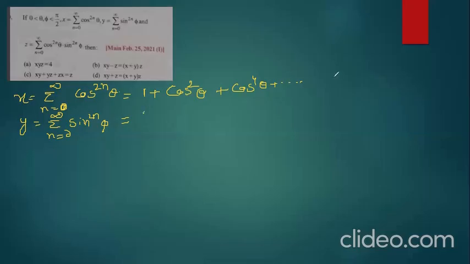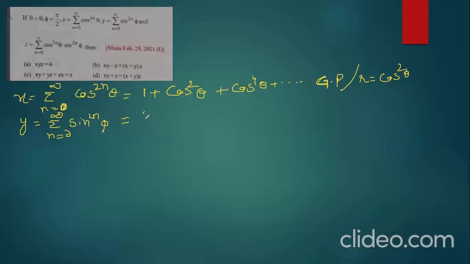Observe this, this is a GP. What is the principle for GP? Cos square theta by 1 is equal to cos to the power of 4 theta by cos square theta. So both are cos square theta, that is, the common ratio is cos square theta. So it is going to be a GP.